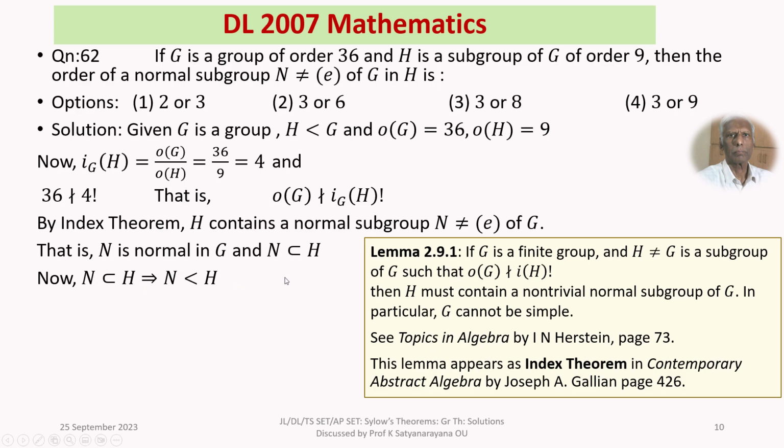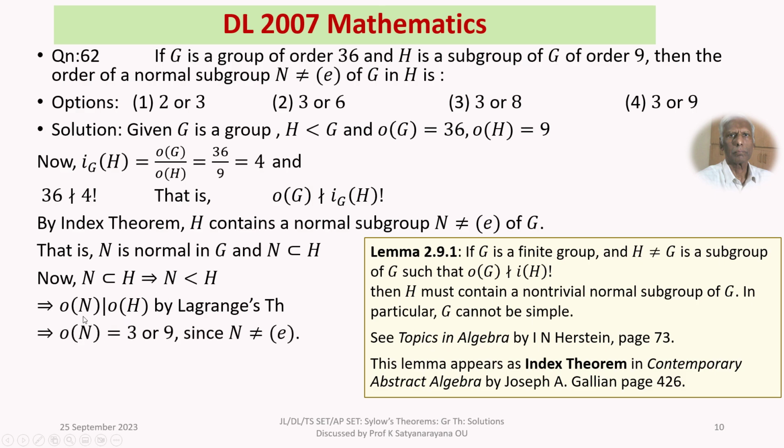N is a subgroup of H, so the order of N must divide the order of H. Order of H is 9. So order of N divides 9, which means order of N is 1 or 3 or 9.